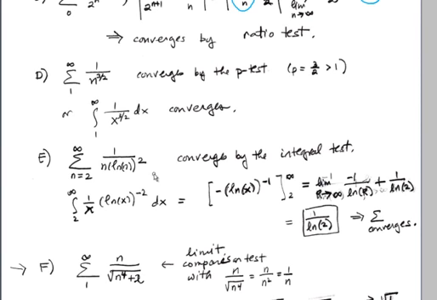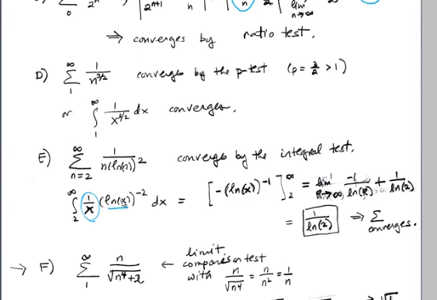Okay, for E, we're going to do an integral test, because we have a nice setup for an integral. We have an inner function ln x, and the derivative of ln x is 1/x, so we have the derivative of the inside sitting on the outside. So this is the result of a chain rule differentiation. We can figure this out without doing a u substitution.